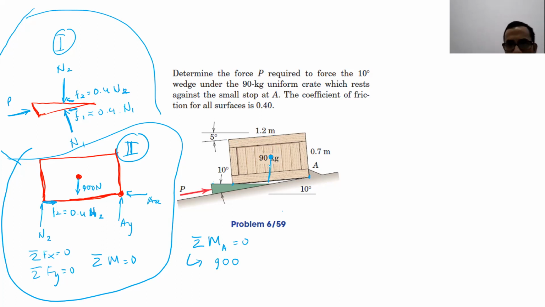So what distance do you want to find? Oh, 0.6. What is 0.6? Oh, because it's half of the 1.2. It's half of the 1.2. And what else?